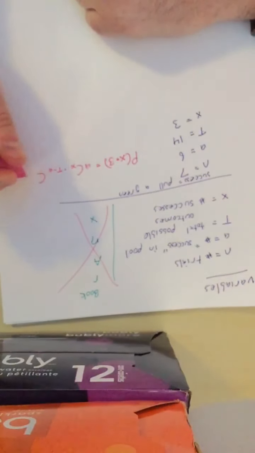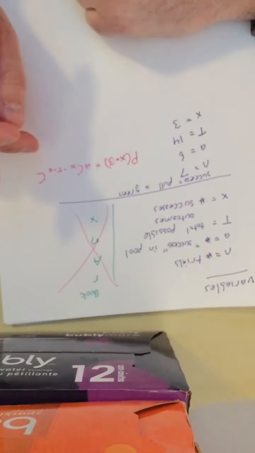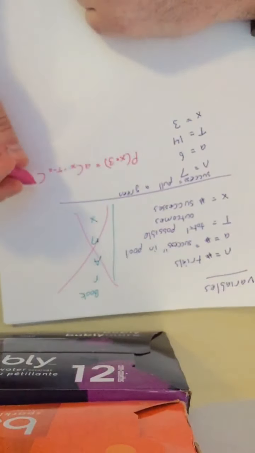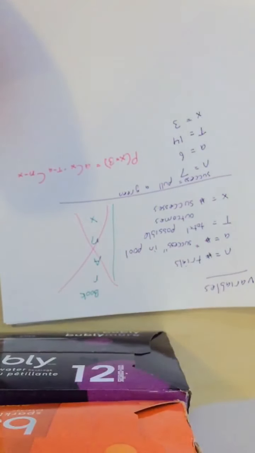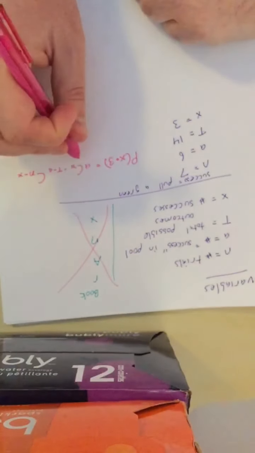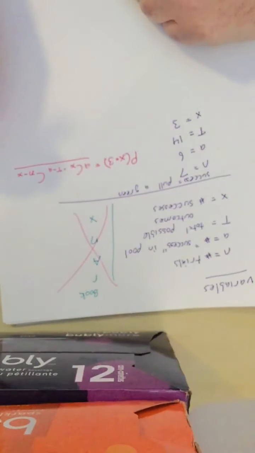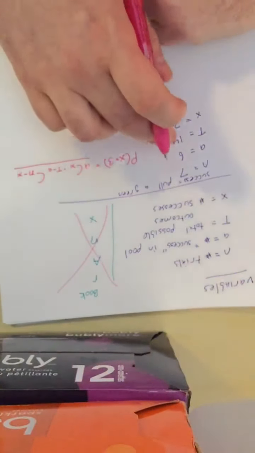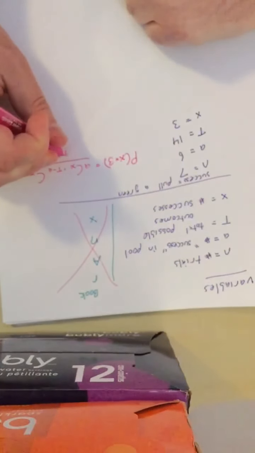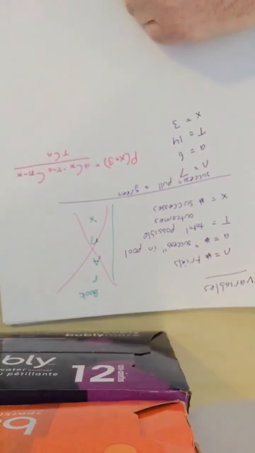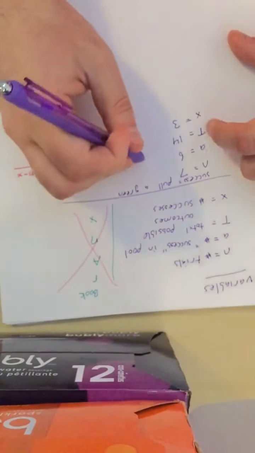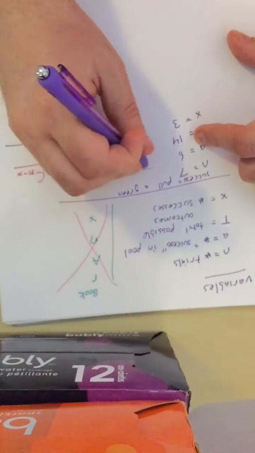So T minus 6 choose. And then 4 was the number of trials minus the number of successes. So we're counting how many failures we have. So it's going to be n minus x. All divided by 14 choose 7, which in this case would be T choose n. And that's going to be the formula for a hypergeometric distribution.